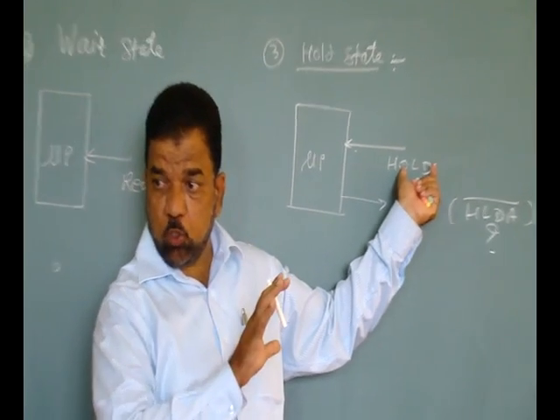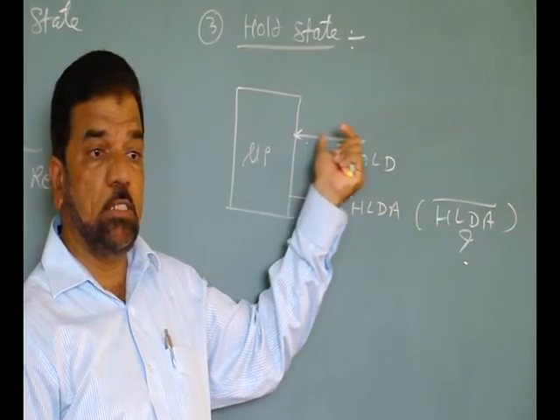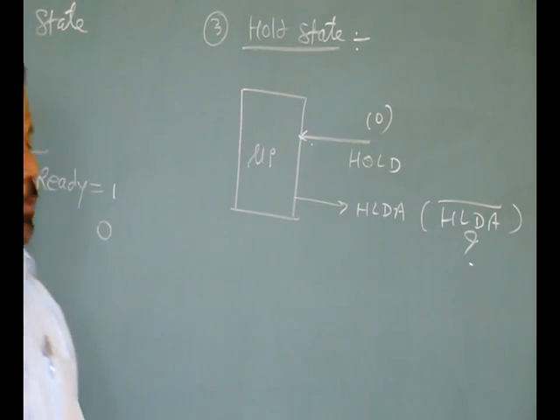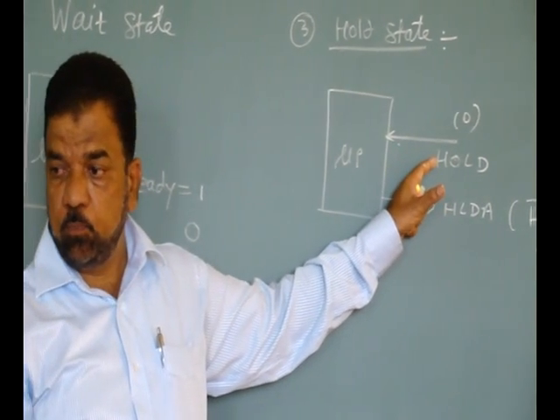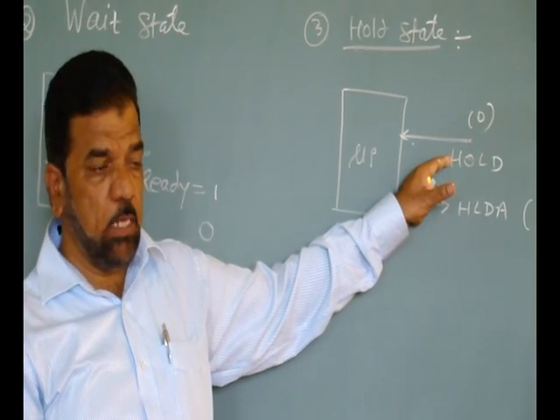That means if that master requires the buses of the processor, it will raise this pin high. During the normal course, if the logic here is 0, the processor will continue with its execution.